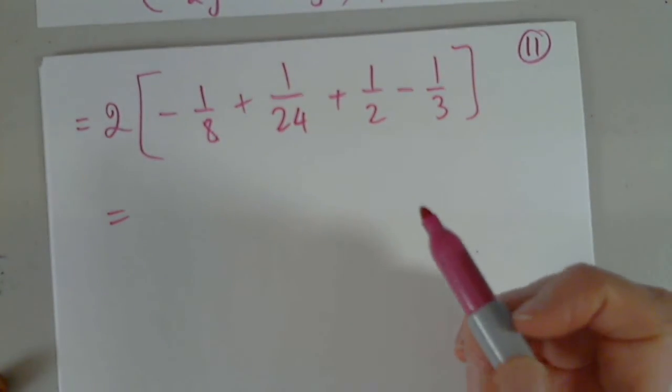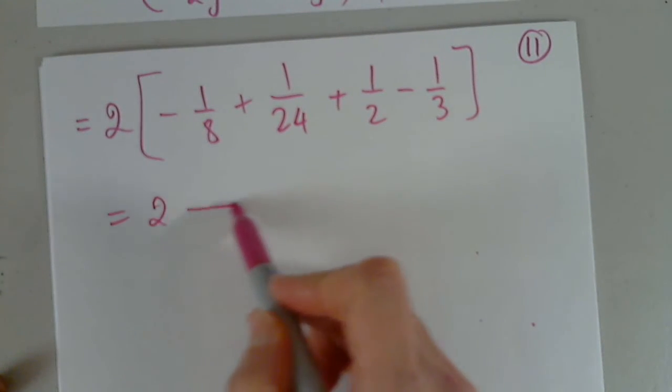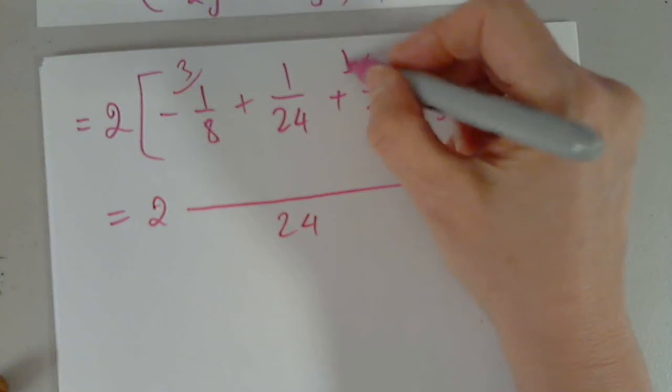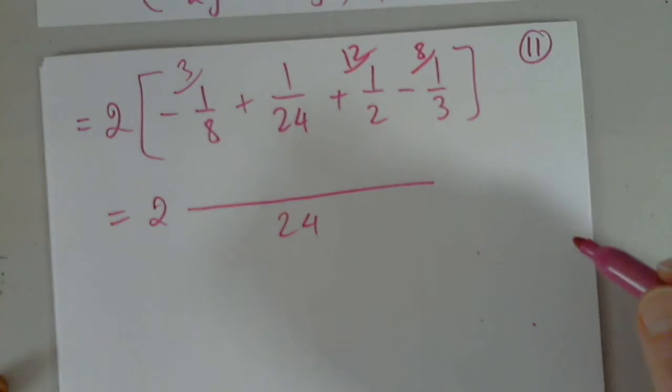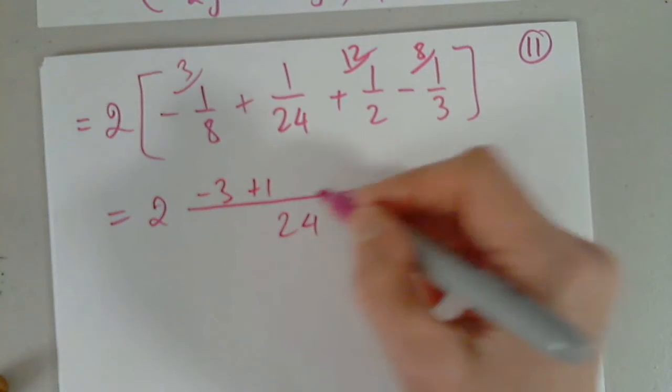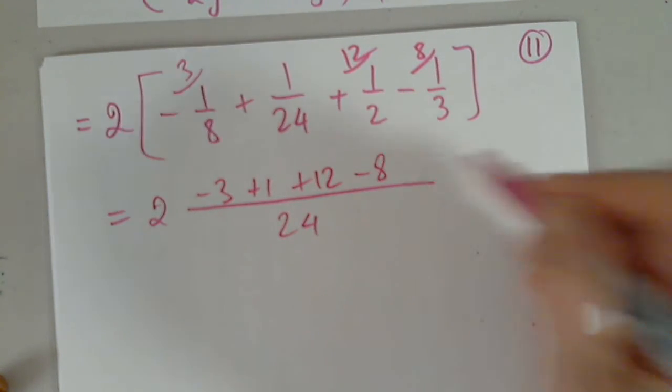So the least common denominator appears to be 24, with 3, 12, and 8. Negative 3 plus 1 plus 12 minus 8.